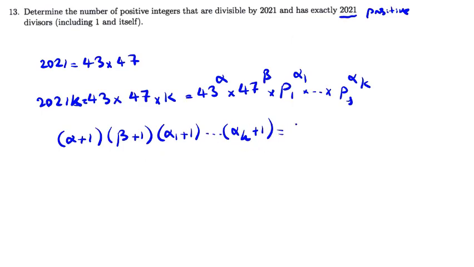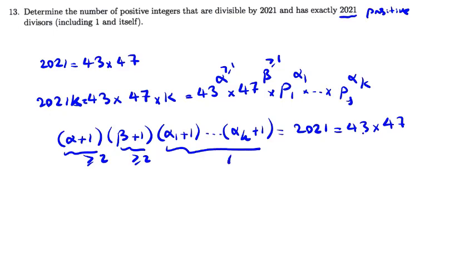Now, it is 2021 because of this, 43 times 47. We know alpha is at least 1, beta is at least 1, so alpha plus 1 is at least 2, and beta plus 1 is at least 2. So we conclude that all of the other factors should be 1 because their product is 43 times 47.